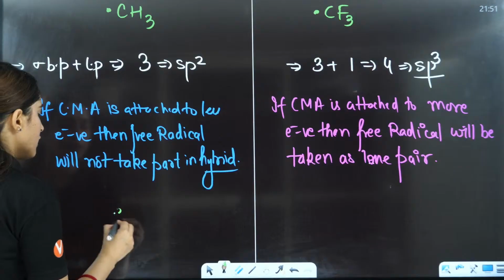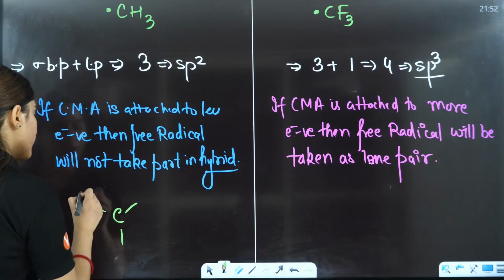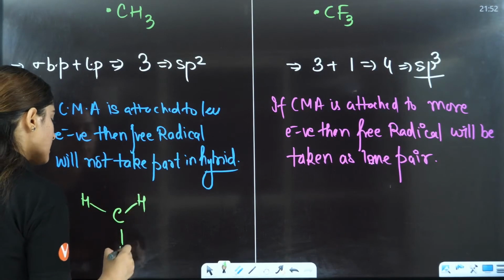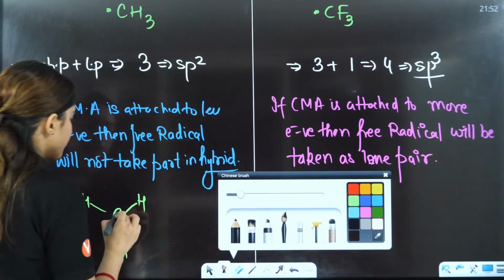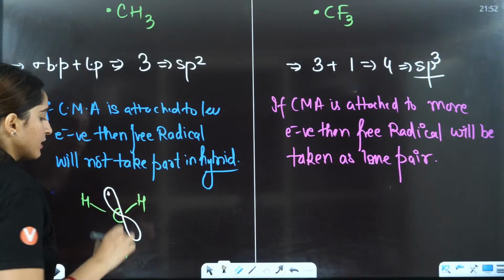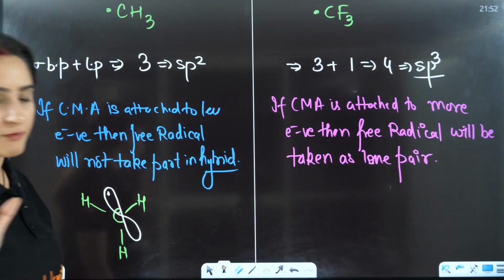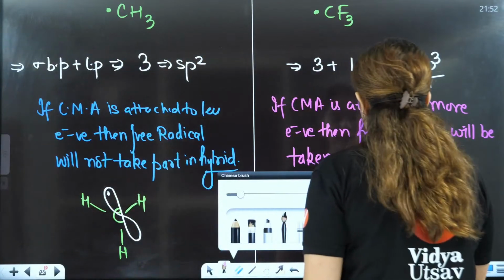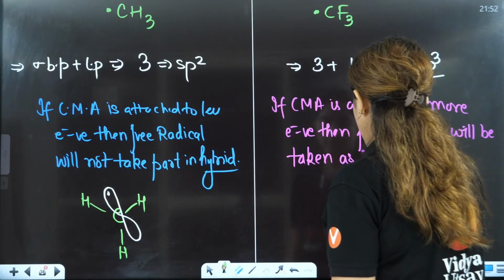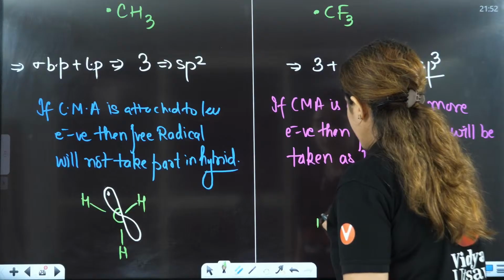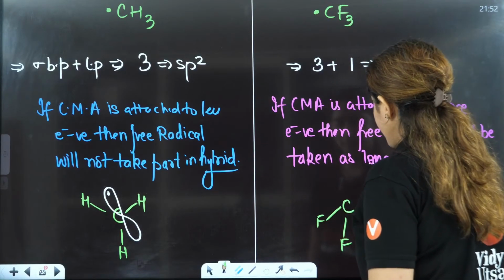That means it will be trigonal planar. It's like this, and here you will have a free radical, which is not a part of the shape. But here, 1, 2, 3, it is a pyramidal shape.